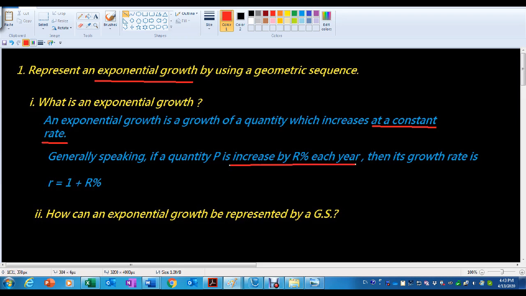Because it's increasing, it's a growth. The growth rate and the growth percentage are different. R% here is what we normally call the growth percentage.